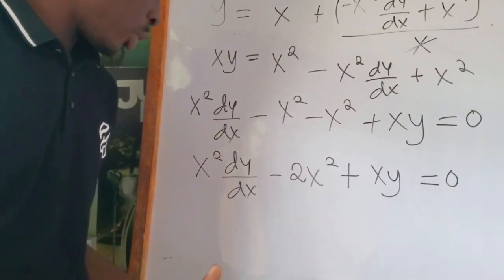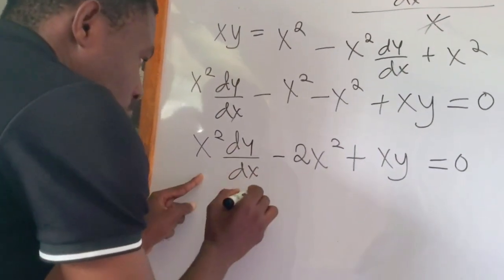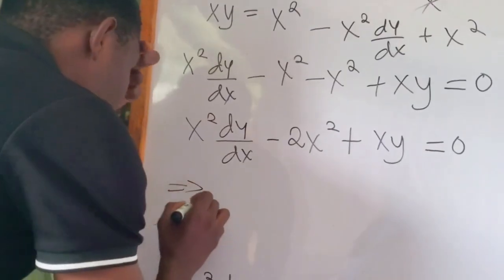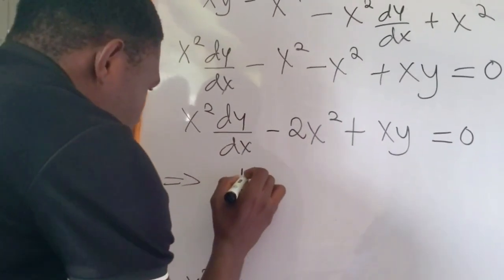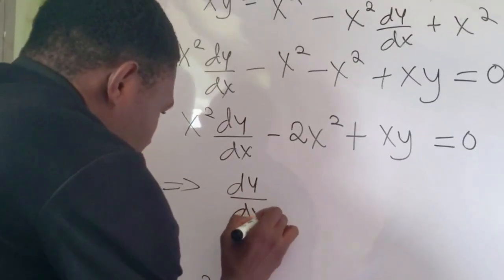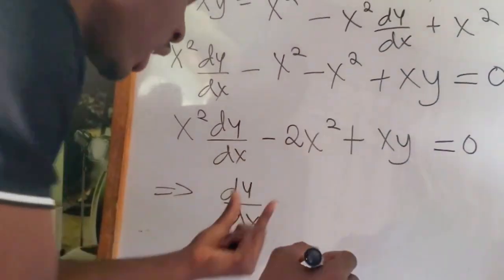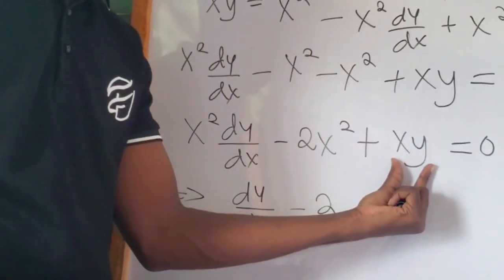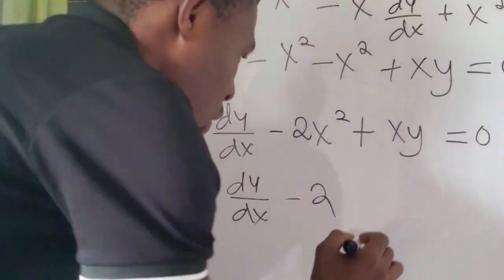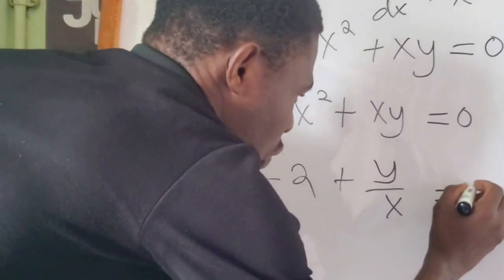So let us divide both sides by x squared. Dividing each term by x squared, if you divide this term by x squared, you're going to get dy/dx. If we divide this term by x squared, you only get -2. If you divide this term by x squared, you're going to get y all over x, and this is equal to 0.